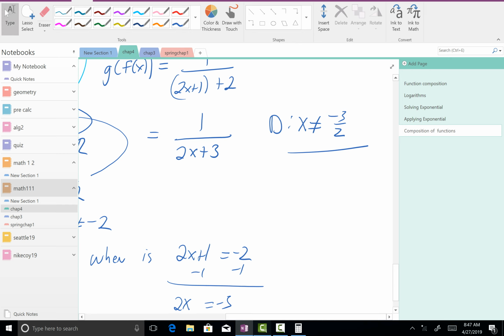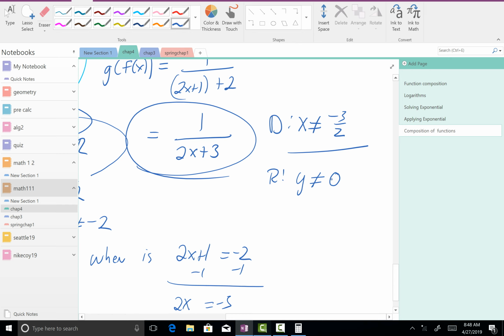Now you might say, well, how do you find the range then? What do you do? Well, you would just graph this. Graph it, check to see what it looks like, and then that would be your range. If you put it into Desmos and graph it, you would see what the range is. My guess is that your range is never going to be 0.